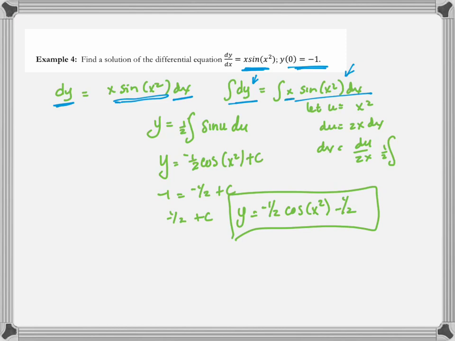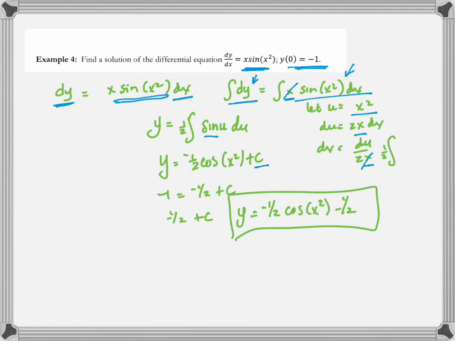If we let u equal x squared, then du is 2x dx, so dx is du over 2x. So we end up with a half outside, and then sine u, because the x's will disappear. And so the antiderivative of sine u is negative cosine u, so we have negative 1/2 cosine, put the x squared back in, and you get negative 1/2 cosine x squared plus c.